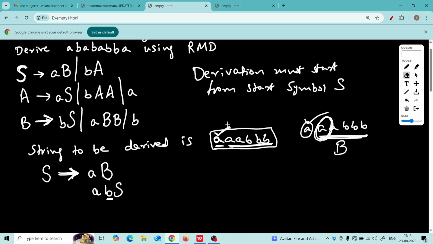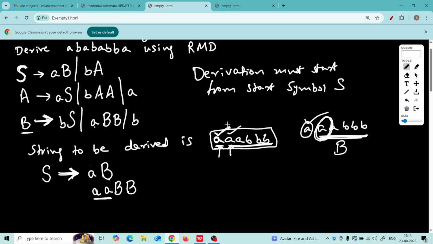So it is obvious that when you substitute this B with the right hand side, aBB is the best production. aBB, correct? Okay. So what are you successful in? Generating the first two a's. Yes, first two a's are generated now, this a and this a.